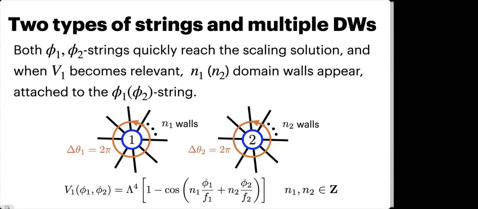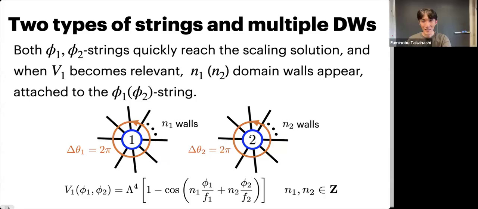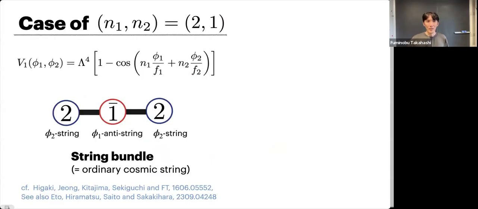Thank you. These phi1 strings and phi2 strings, and the domain walls attached to them, are the building blocks. Let us consider a simple case. Suppose that n1 equals 2 and n2 equals 1. Then, because n1 equals 2, two domain walls are attached to the phi1 string.